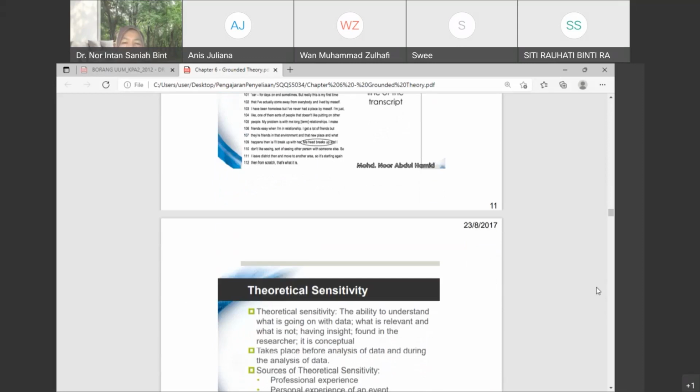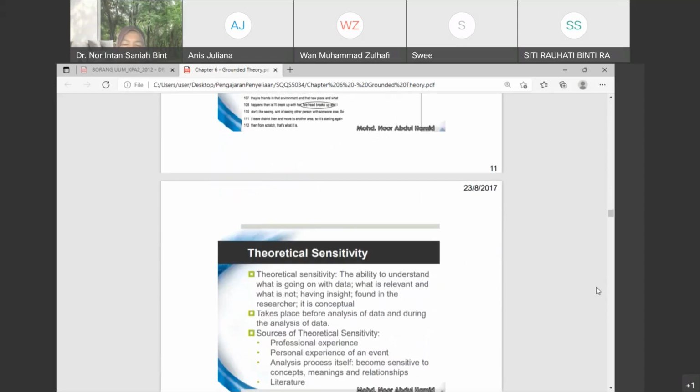Okay, what is theoretical sensitivity? As I did mention previously, theoretical sensitivity is about the ability of the researcher itself to understand what is going on with the data. Apa yang relevant, what is not, what insight we have to find in the data.